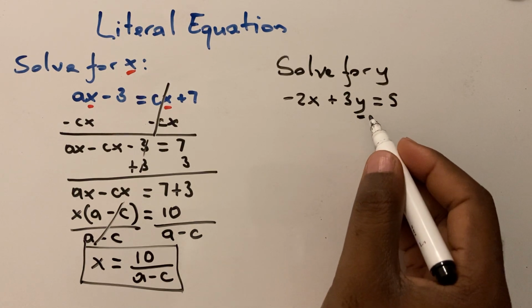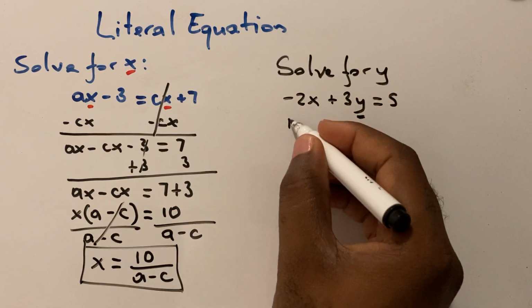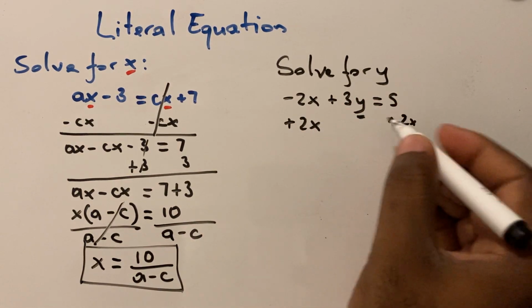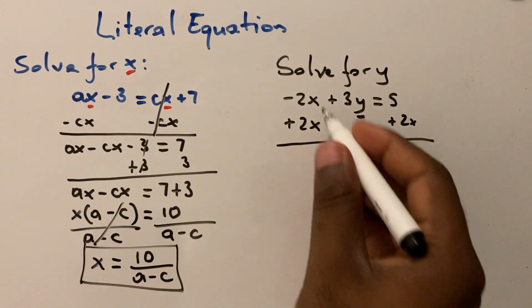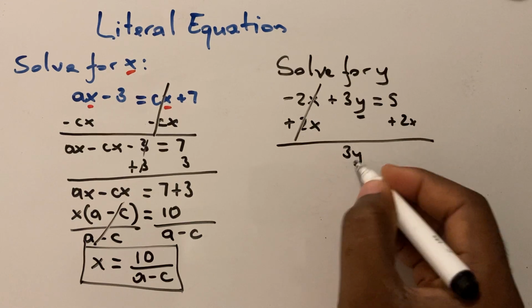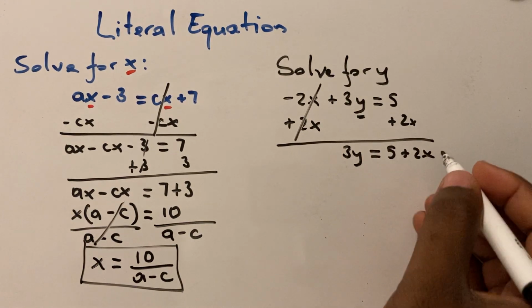Remember, same thing, you just need to make sure you have y on one side by itself. Therefore I don't need this term on this side, so I'm gonna add 2x to both sides. Once you do that, this term is cancelled out. Now you have 3y equals 5 plus 2x.